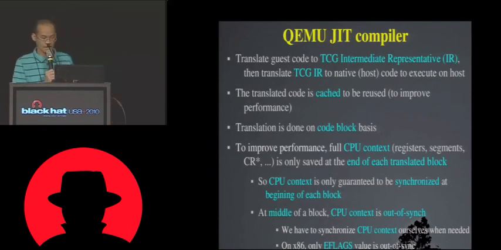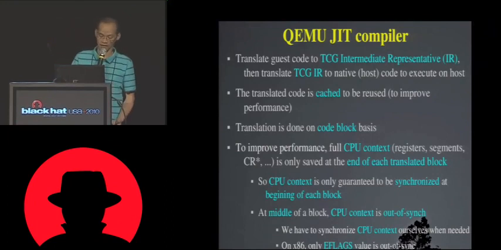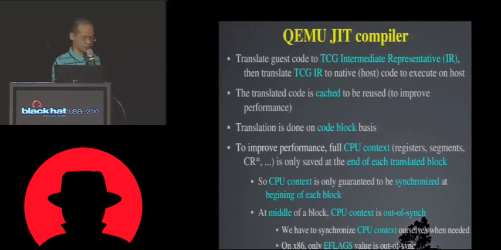The problem is that if we put the instrumentation hook in the middle of the block, we cannot get the fully updated CPU context. So in our framework, we need to synchronize the CPU context ourselves when needed. Fortunately, on the Intel platform, QEMU only has EFLAGS as out-of-sync context, so we only need to synchronize the EFLAGS value. Everything else is always synchronized.